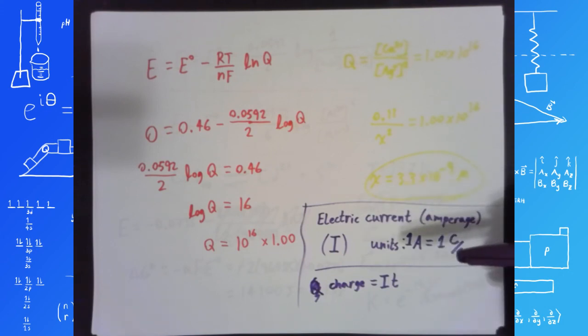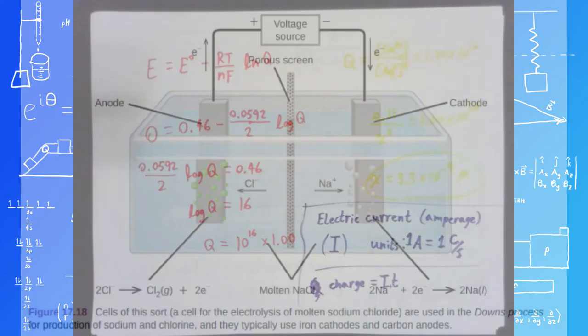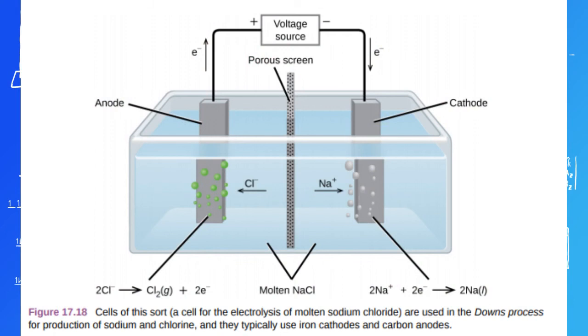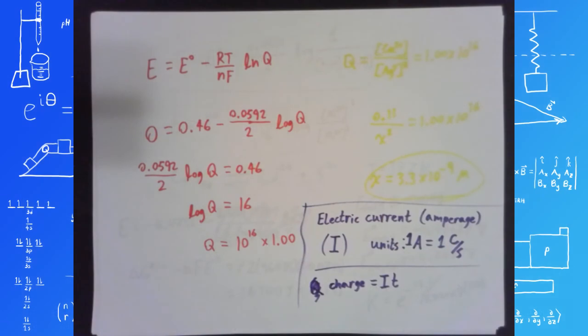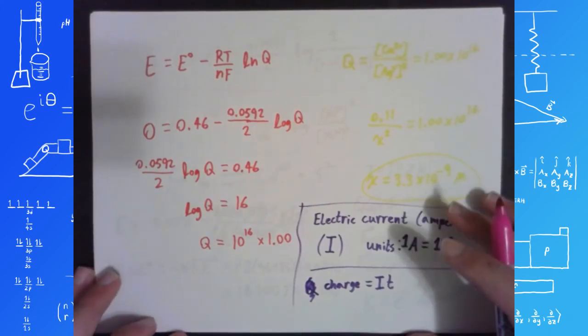If you're concerned with, for example, only how much sodium metal you're collecting, and you're not concerned with the chlorine gas generated here, if you're just trying to get some solid sodium for some experiment that you want to do, then you would calculate how many moles of electrons it takes for every mole of sodium that you want to produce.